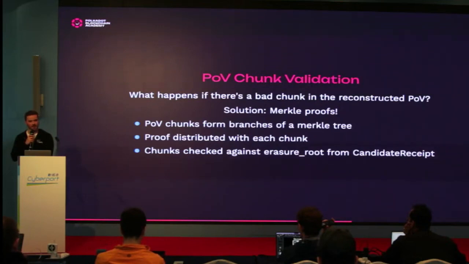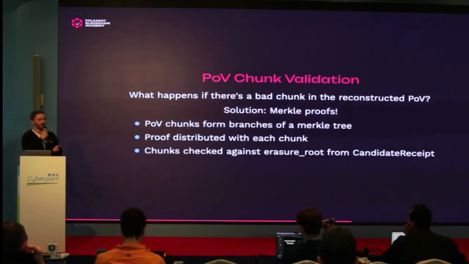So, sorry, when you say the candidate receipt, it's the block that's still going to be written? So a candidate receipt is like a condensed representation of a parachain block candidate. It contains essentially a bunch of hashes. It would have like a state root hash. It would have an erasure root hash.